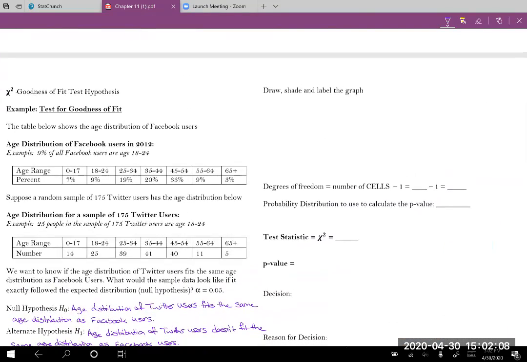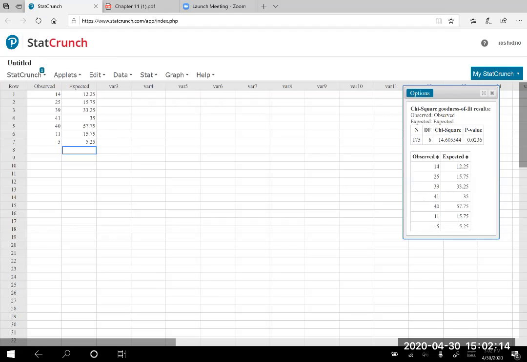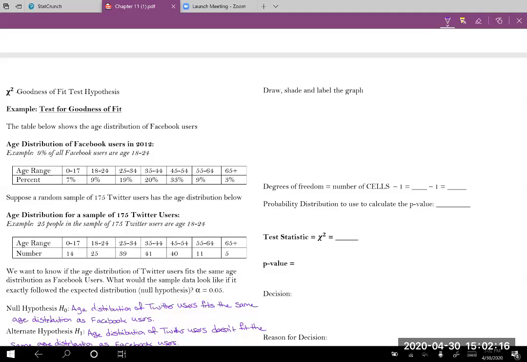And you always want to show the graph. So it's based on a chi-square distribution, which is always skewed to the right. So it looks something like this. Since the area is about 0.0236, that means it's a small area right here.